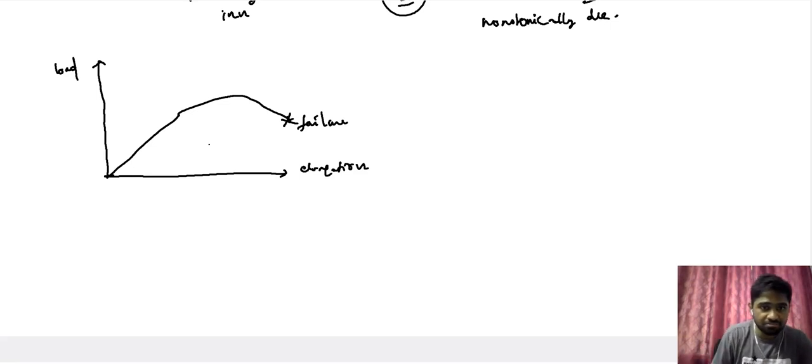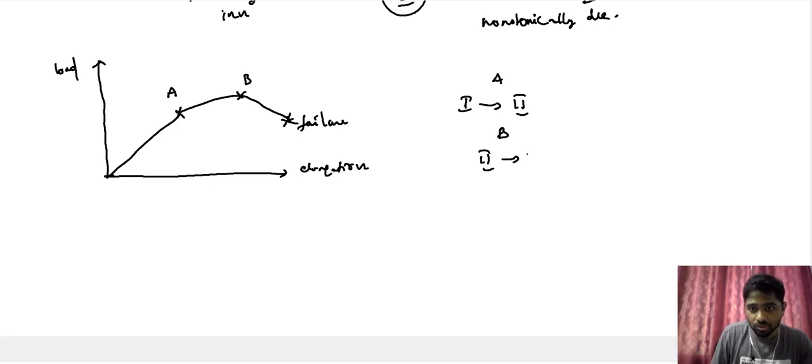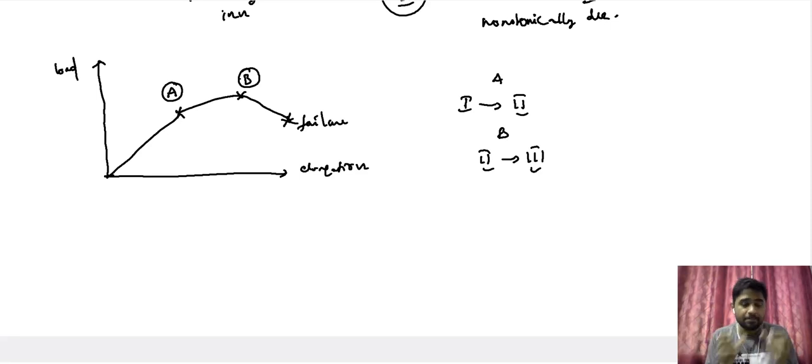This point A indicates the transition from section 1 to section 2, and there is a point B that indicates the transition from section 2 to section 3. So in addition to failure, we have now identified 2 additional specific responses in the mechanical behavior of metals.